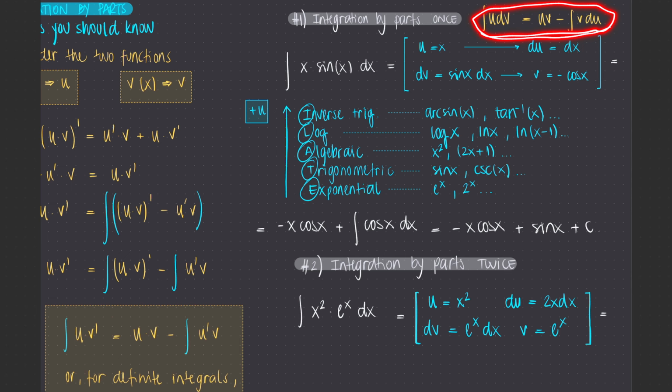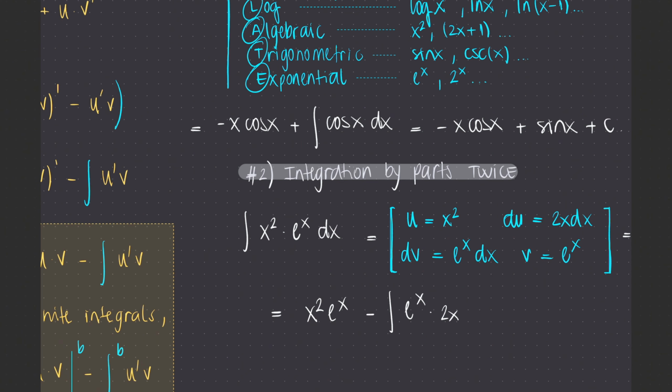How is that going to look? Let's see. In the first integration by parts, we're going to use u as x squared, given that x squared has priority, which means that du, which is the derivative of x squared, is 2x dx. Also, dv is whatever we have left, which is e to the x dx, meaning that v is the integral of e to the x dx, which is e to the x. So using integration by parts, we have u times v minus the integral of v, e to the x, times du, which is 2x dx.